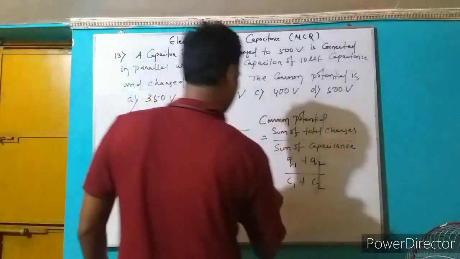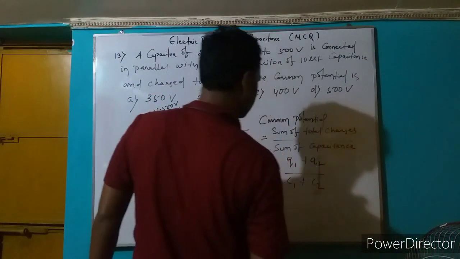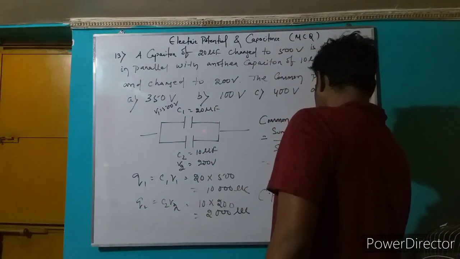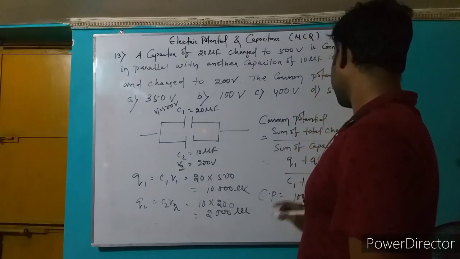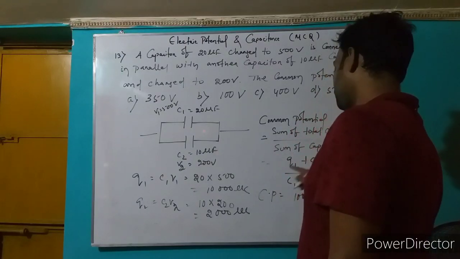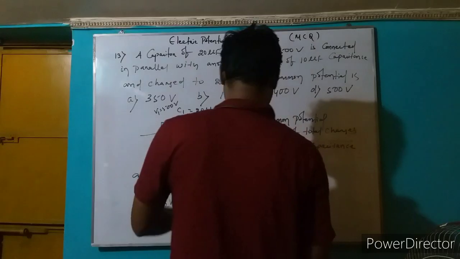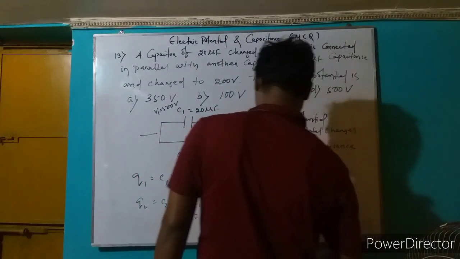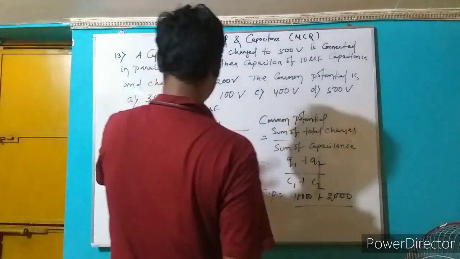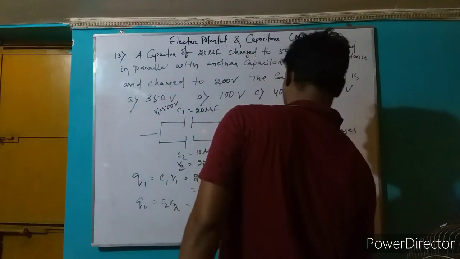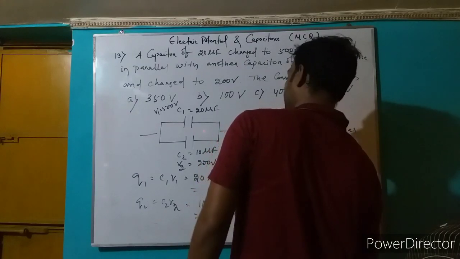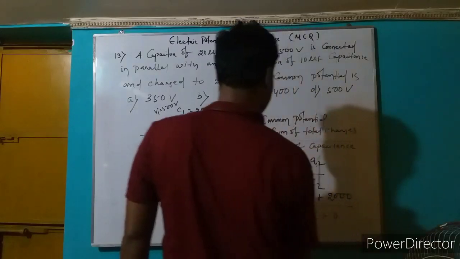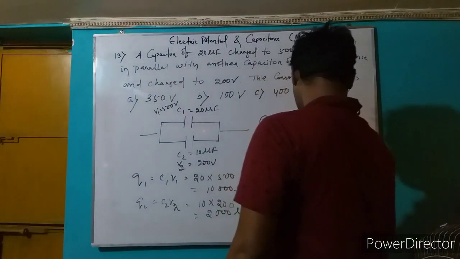If you put the values in the common potential, Cp equals Q1, that is 10,000, plus Q2, that is 2000, divided by the total capacitance, 20 plus 10 microfarad.